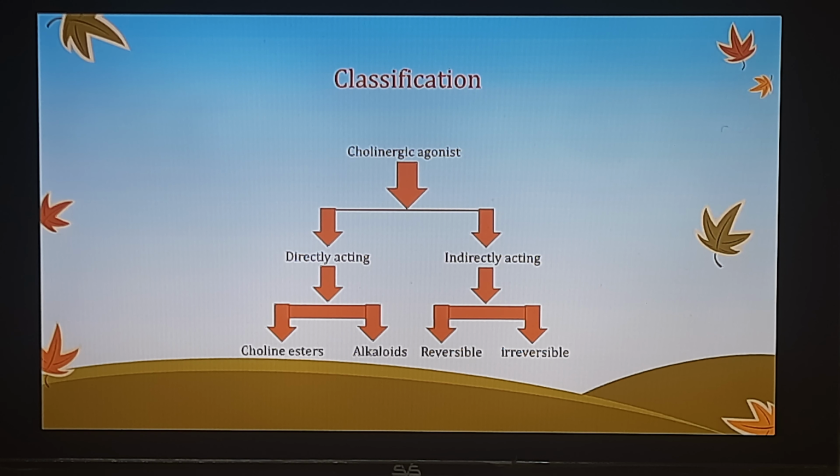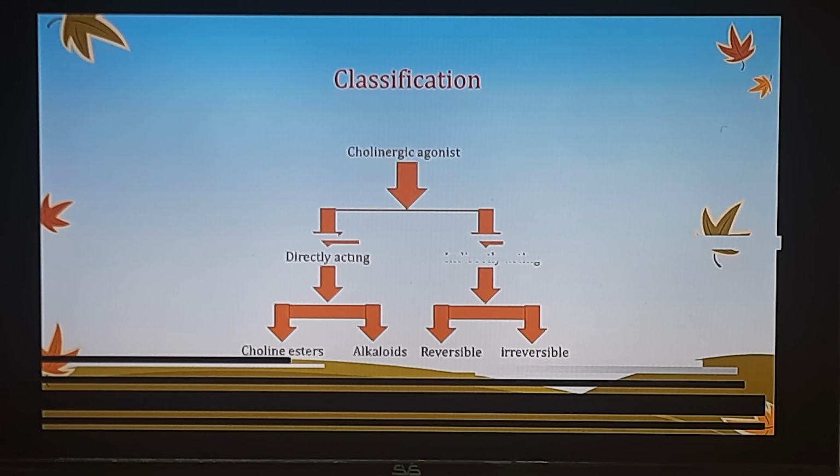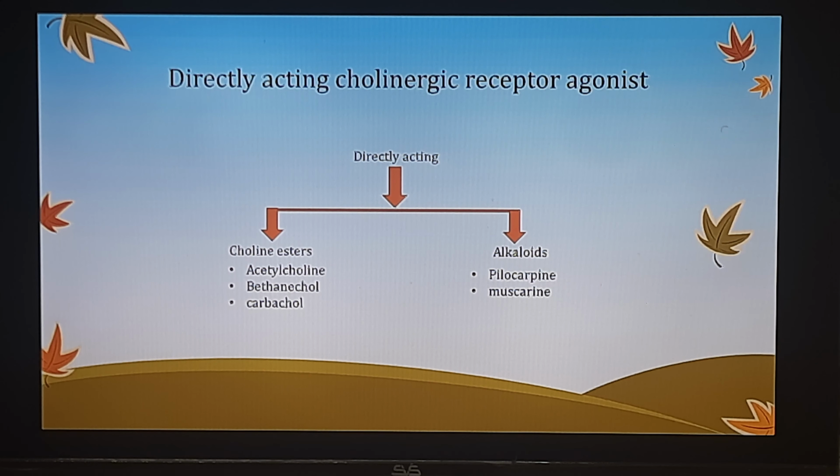Directly acting can be further classified into two subclasses: choline esters and alkaloids. In today's video lecture, let us see examples of directly acting cholinergic agonists. In choline esters, there are three important examples: the first is acetylcholine, the second is bethanechol and the third is carbachol. The second classification is alkaloids.